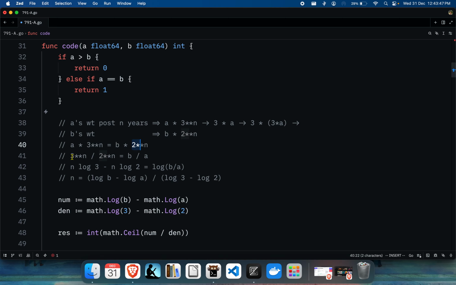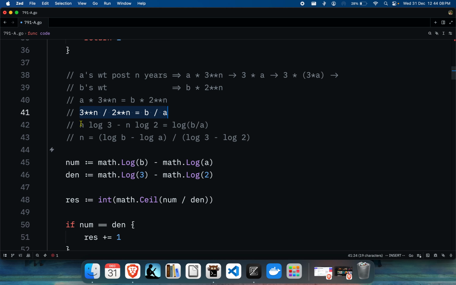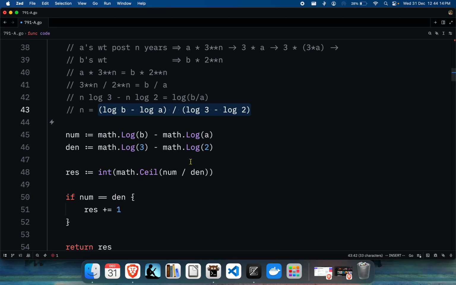This equation goes like this, where I have put the unknown n on one side. After that, I apply logarithm on both the left-hand side and right-hand side. After applying logarithm, I took n common, and this is the equation I got.